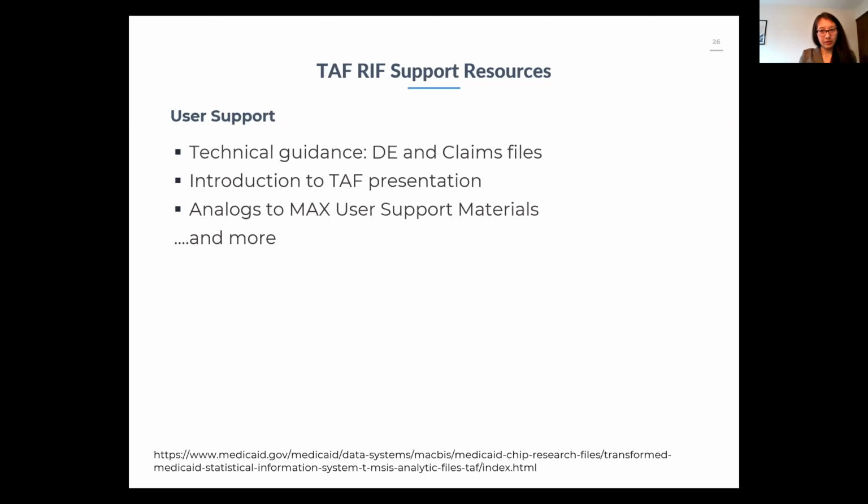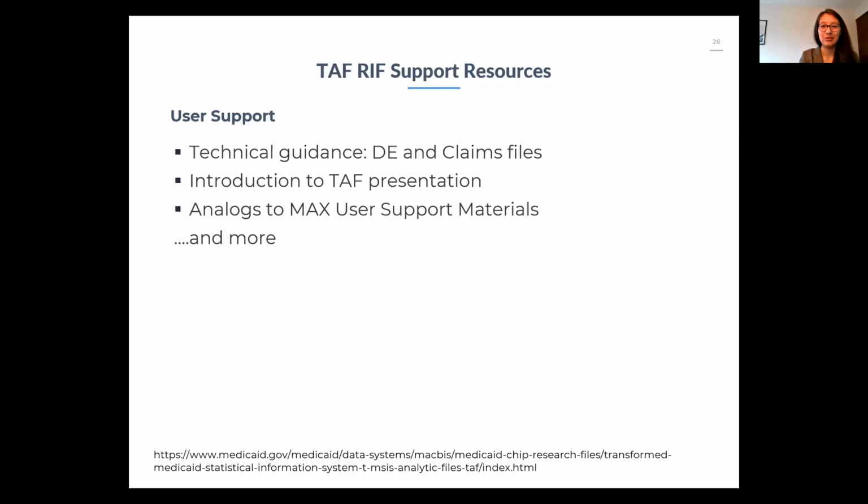Like all of those resources I covered for the MACS RIF, there's been a suite of resources developed for the TAF RIF. One of them outlines analogs from MACS user support materials to TAF user support materials, which might be useful if you're an experienced MACS user.